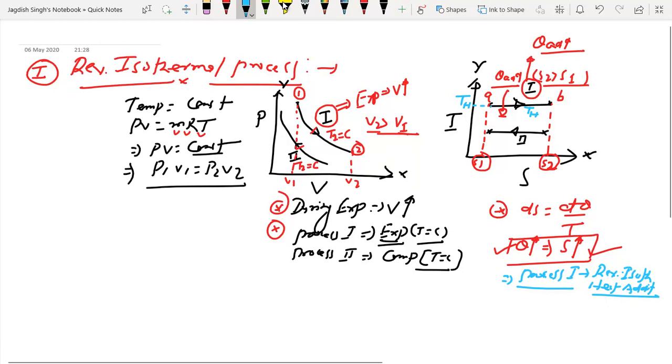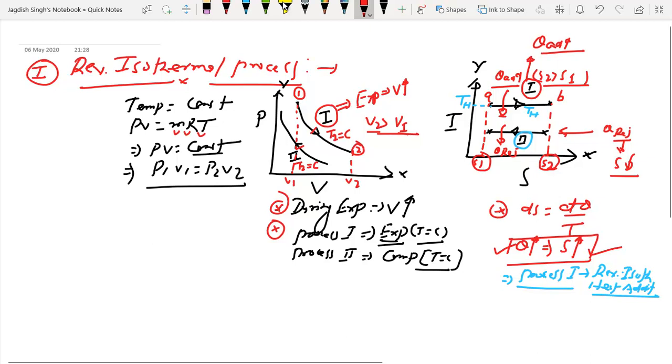And process 2 is vice versa. This is reversible isothermal heat rejection. Why? Because we know that whenever heat is rejected, entropy will decrease. That means in this process we can see that the final entropy is less than the initial entropy.